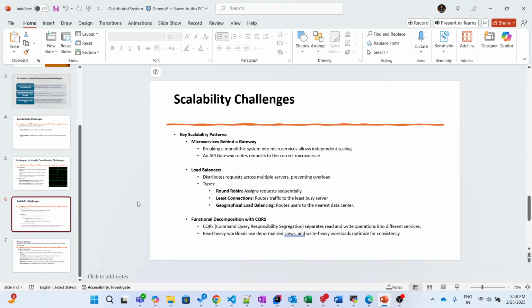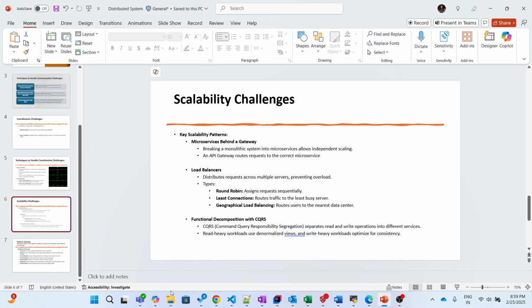This is mainly used where you have write requests versus read requests. So we functionally decompose; the CQRS pattern talks about decomposing the read requests from the write requests so that both are in harmony.